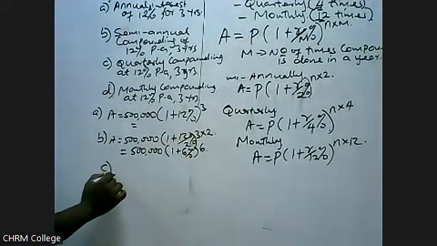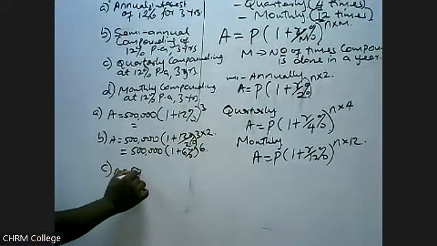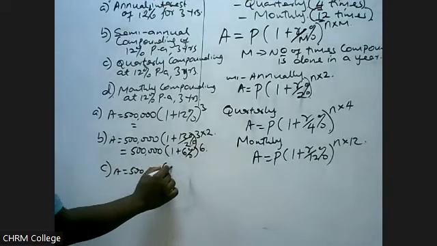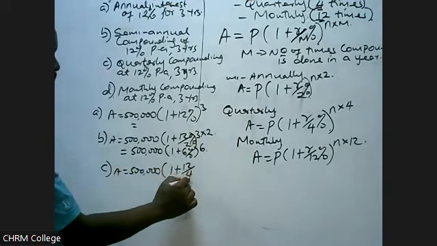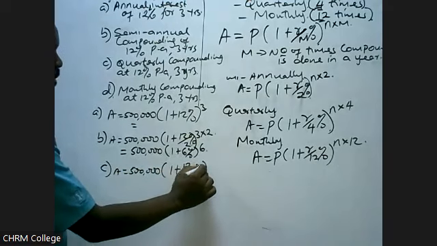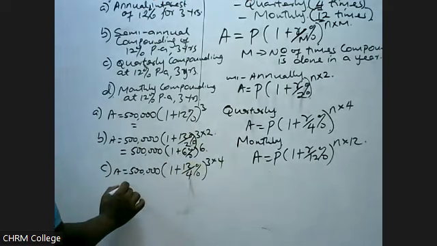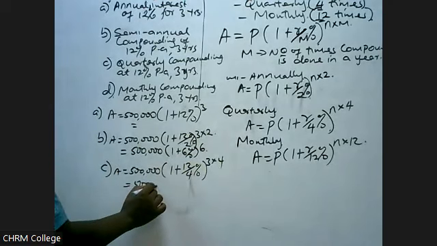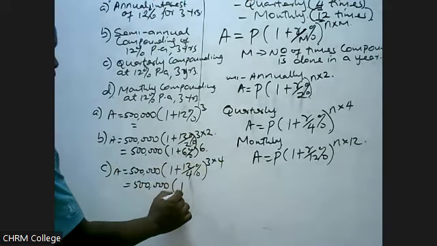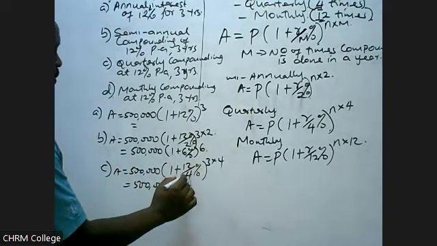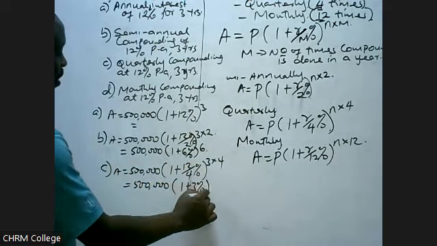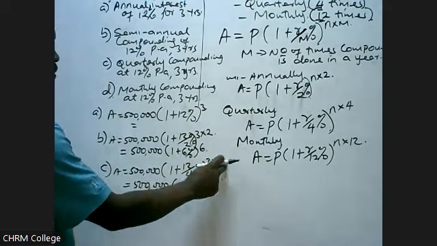When it is quarterly, amount will be equal to 500,000 into 1 plus 12 divided by 4, then power 3 times 4. So this one will be equal to 500,000 into 1 plus 3%, then we raise it to 12.